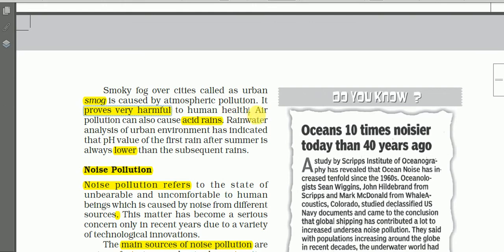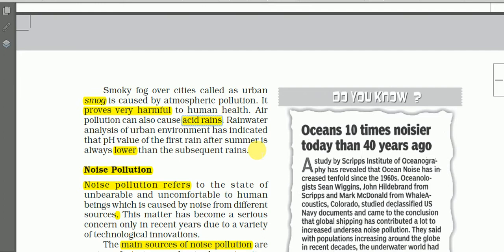Another effect of air pollution on the environment is that it can also cause acid rain.